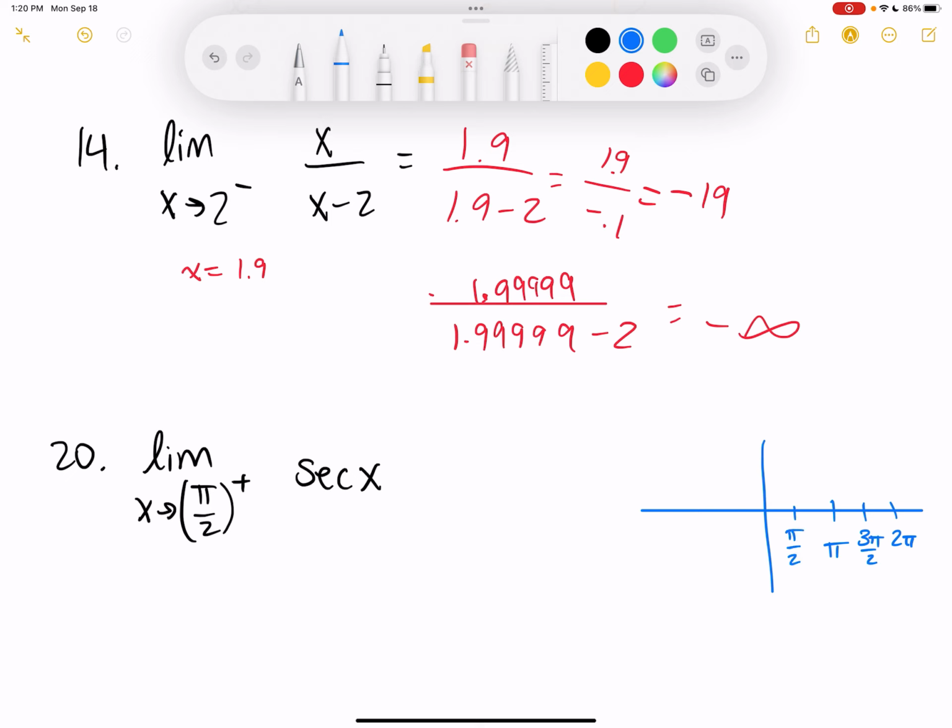So in between here, okay, is kind of what we're looking for as we get to pi over 2 from the right. We're looking in this general area. So this is where it's good to know what our trig functions look like graphically. You remember what this one looks like?